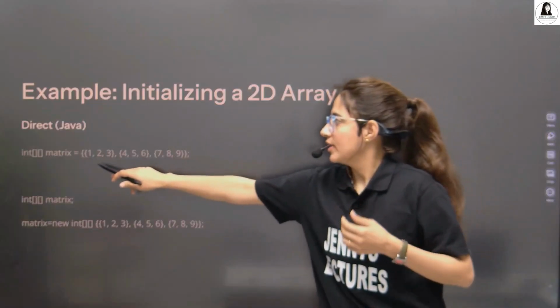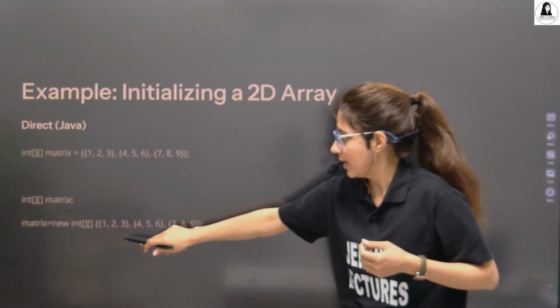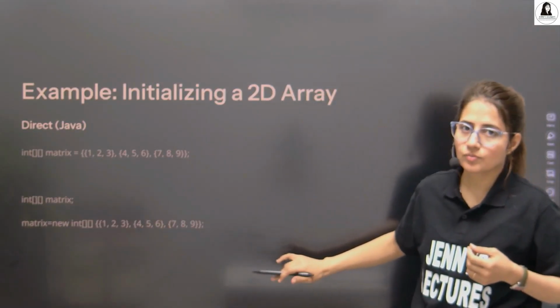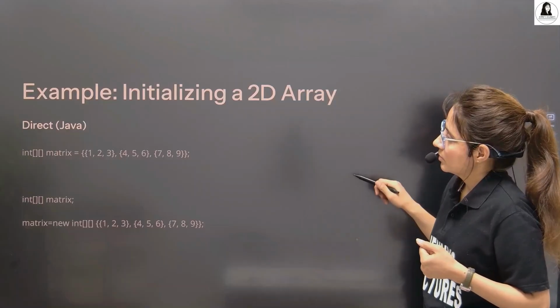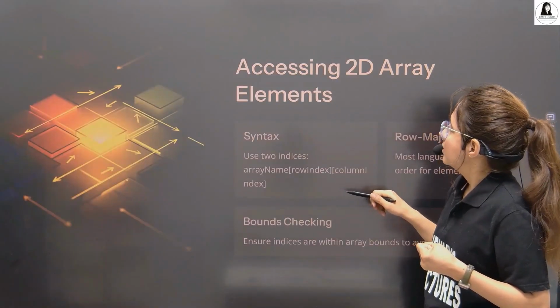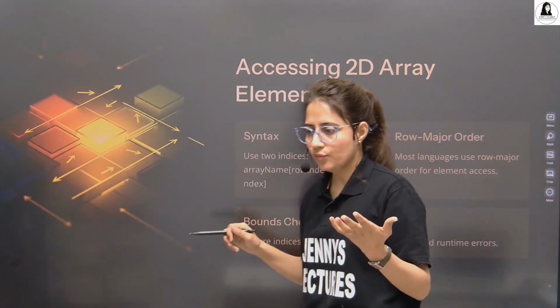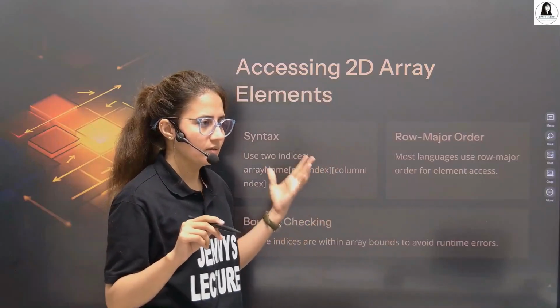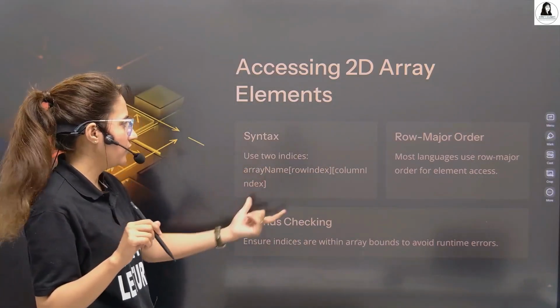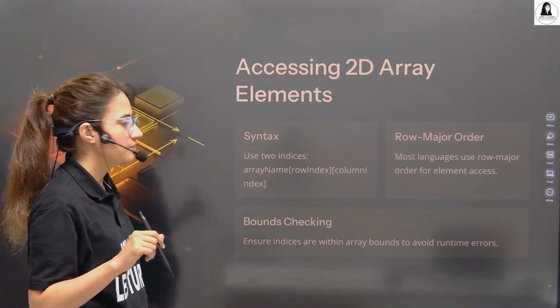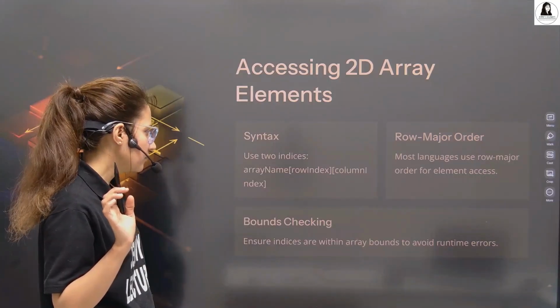So directly this is how we can assign in Java, or you can write this also. Both are allowed. I have shown you this. How to access? You need a row index and a column index. So simply you give that and you can easily access any element.